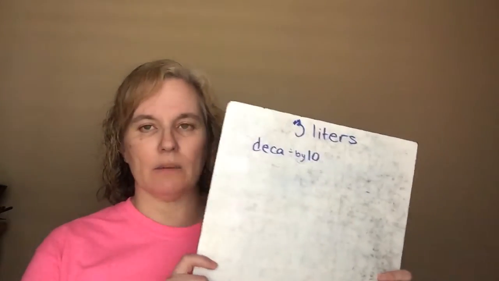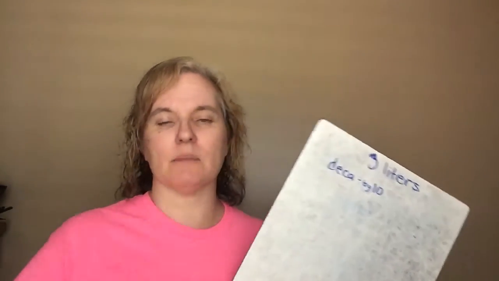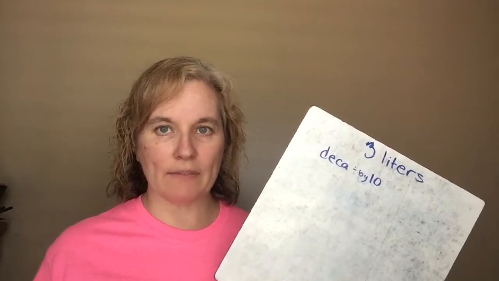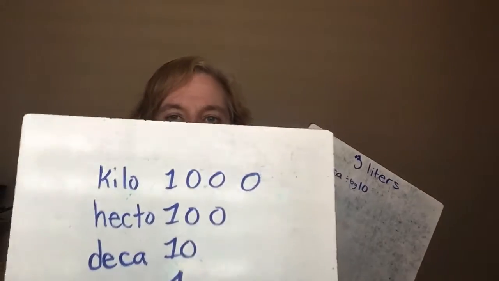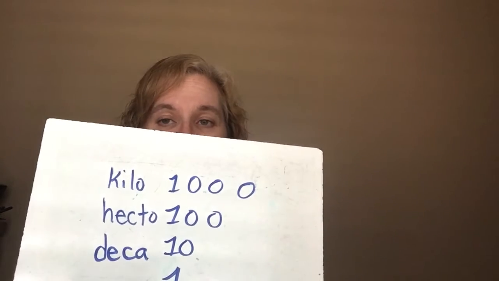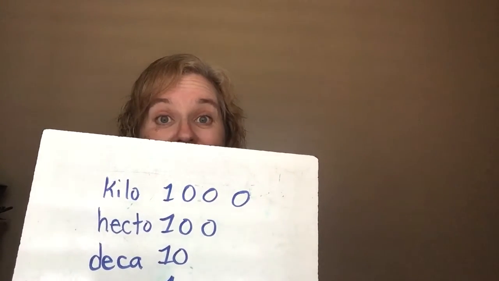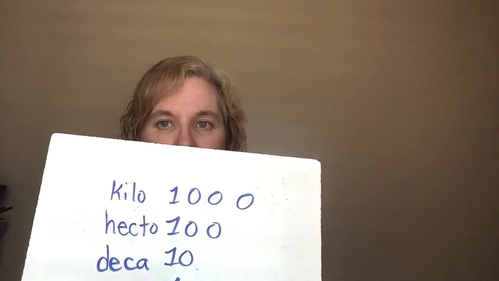Okay, but back to deca, hecto, and kilo. The way you find them, because it's smaller, you have to divide by whatever they stand for. So we know deca is 10 because decade is 10.